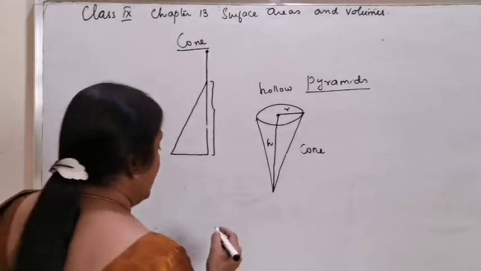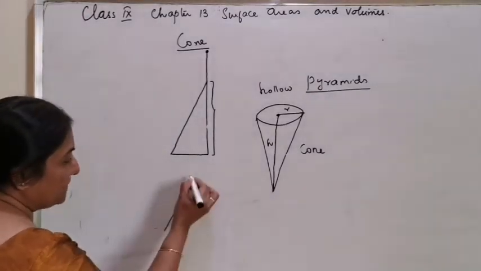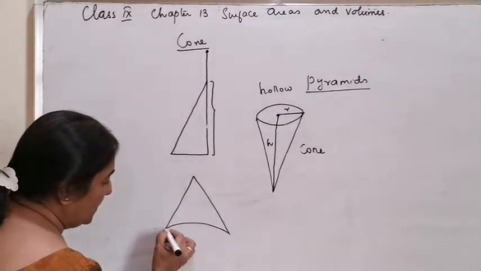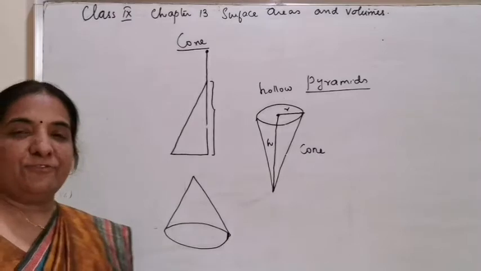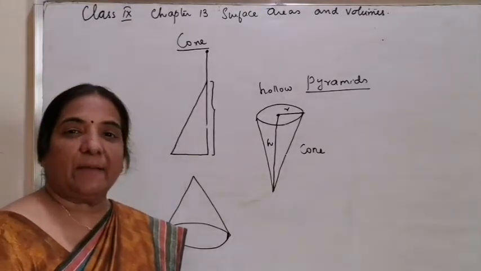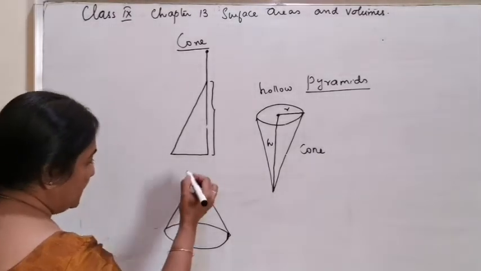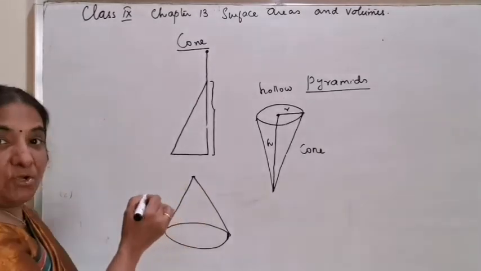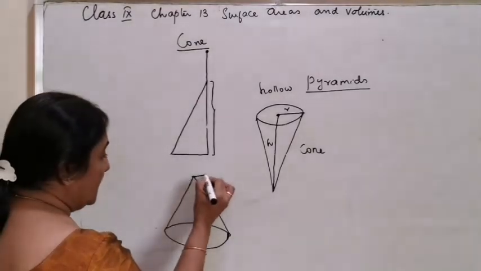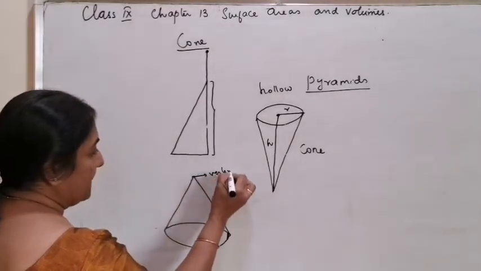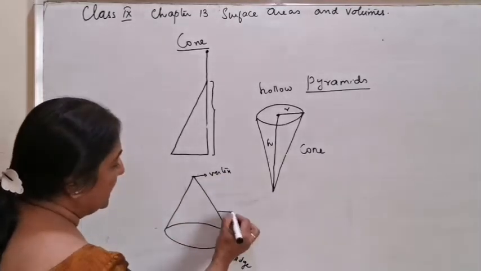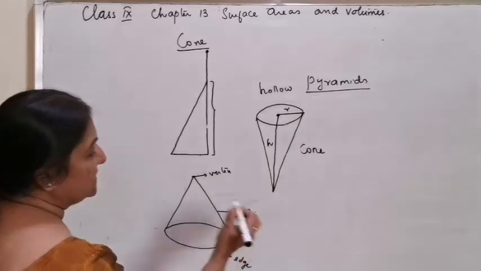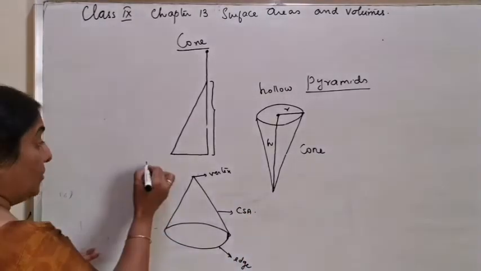And now when you see a cone, the best example is a birthday cap. If you imagine a birthday cap in your mind, you can see that this hollow cone has a vertex, a circular edge and a curved surface area. This is a hollow cone.